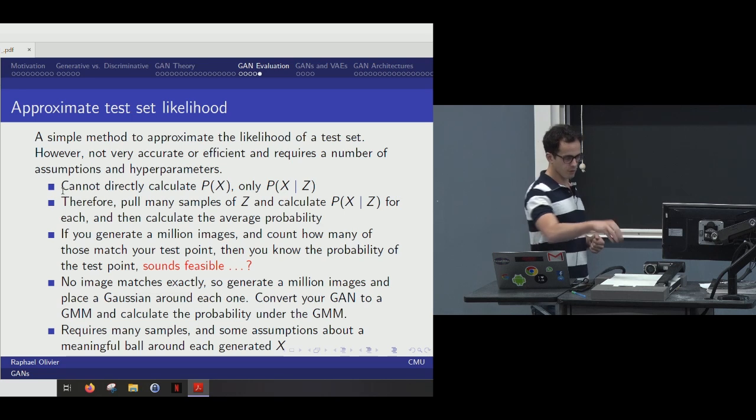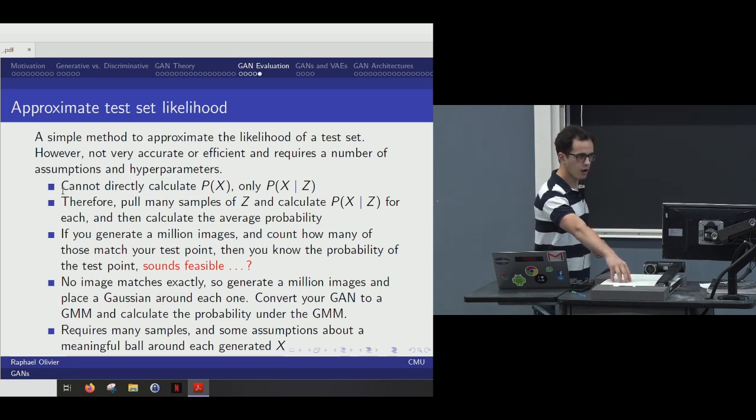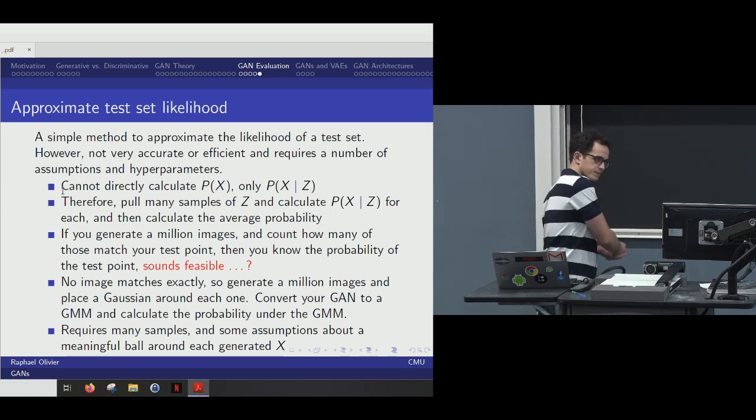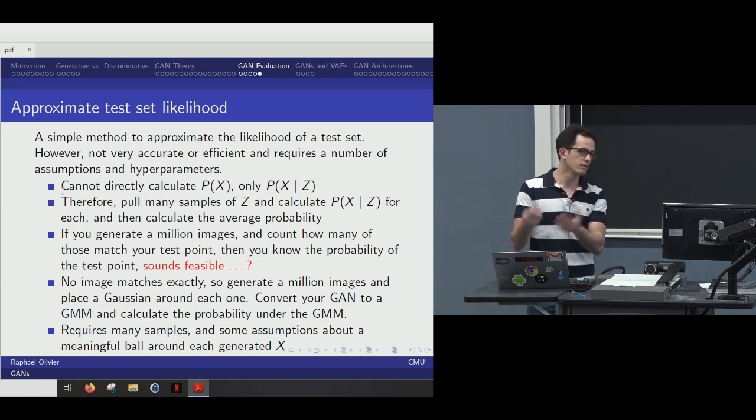If you have one image and you want to know its probability according to the distribution that your network, your generator, models, what you're going to do is sample a billion or 10 billion images, and then look among those 10 billion for the image that you were looking at. And if it shows up, say, 15 times, then that means the probability of that image was 15 over 10 billion.